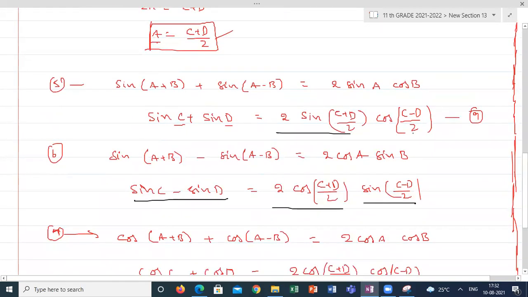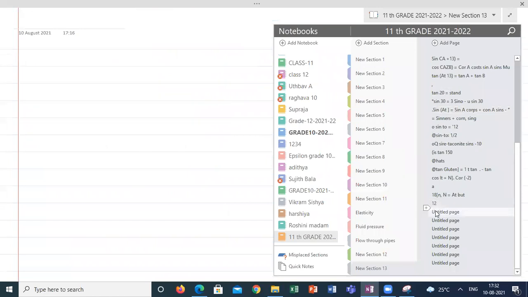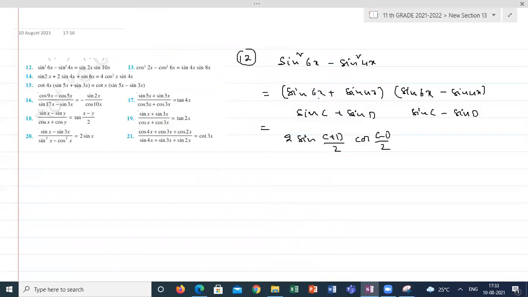So sine c plus sine d is 2 sine c plus d by 2 cos c minus d by 2, and for the other, 2 cos c plus d by 2 sine c minus d by 2.